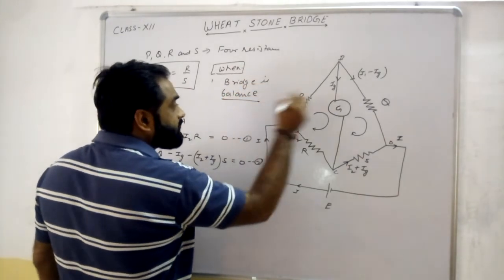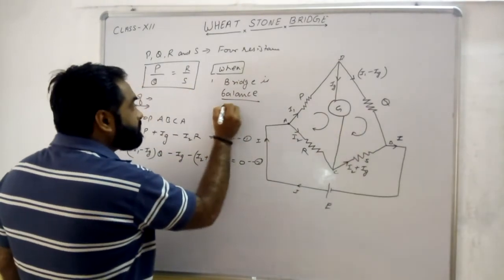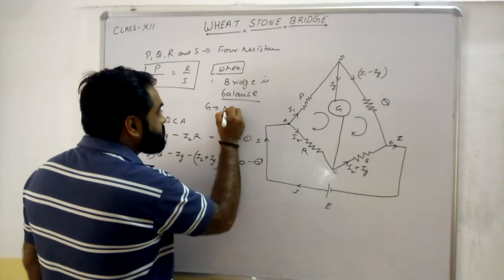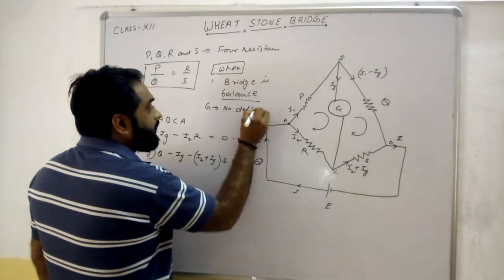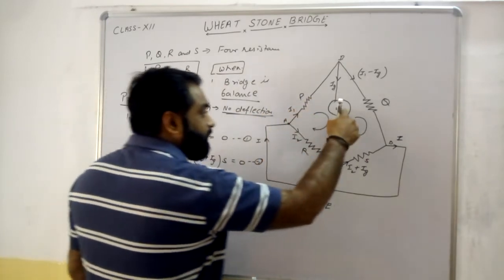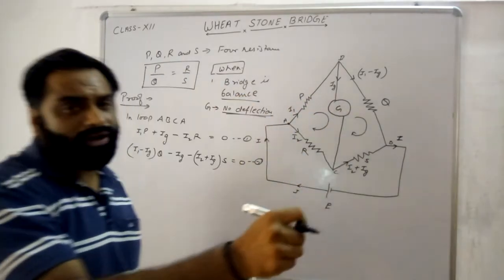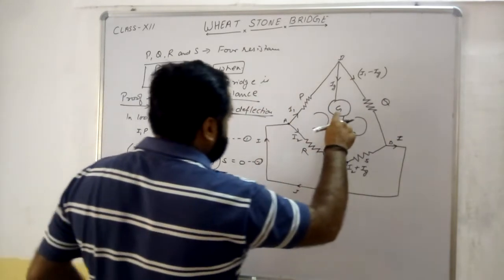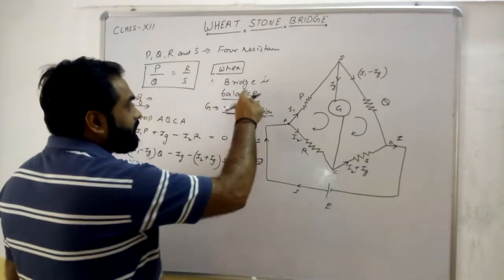Now when this bridge is balanced, G, meaning the galvanometer, shows no deflection. If the galvanometer shows any deflection, it means the bridge is not balanced.